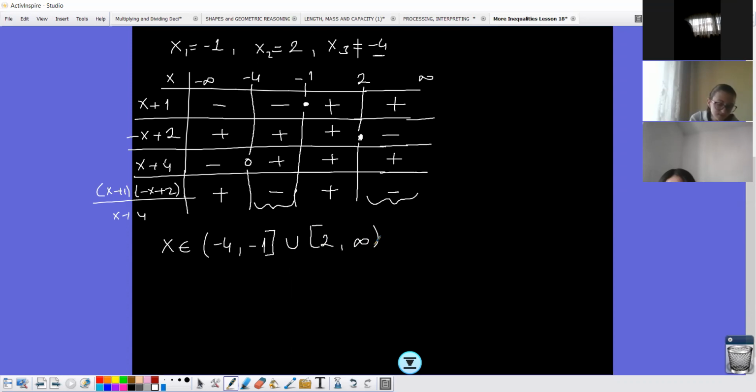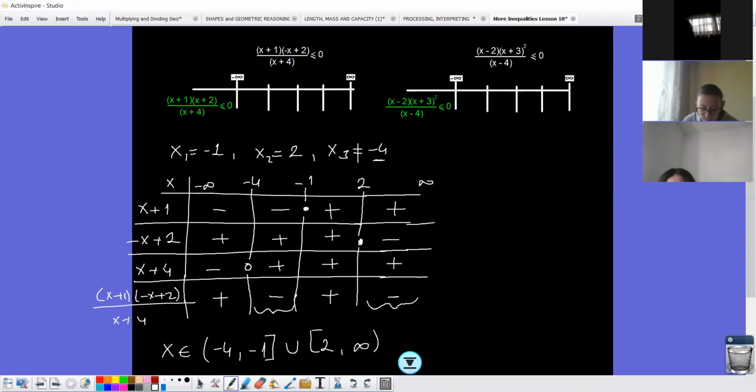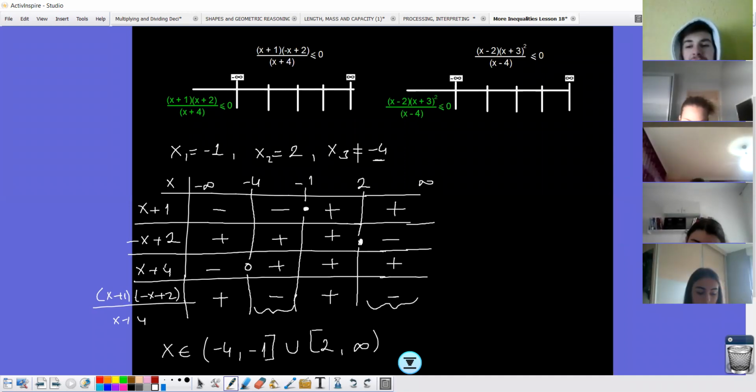Is it okay? Teacher, in the exam will we have this? In the quiz, you don't have inequalities. You have the first part in the quiz, only quadratic equations.